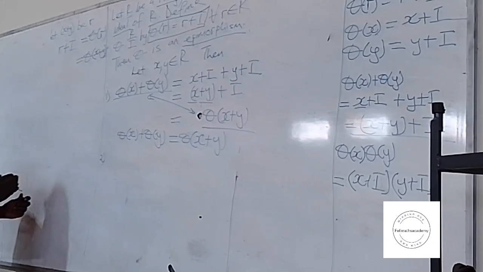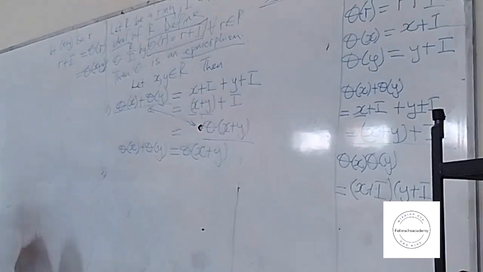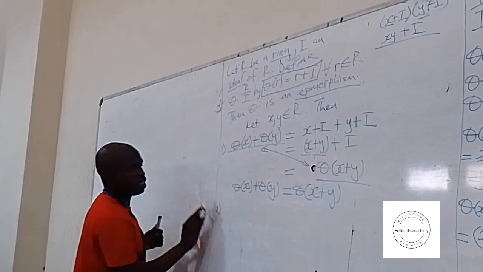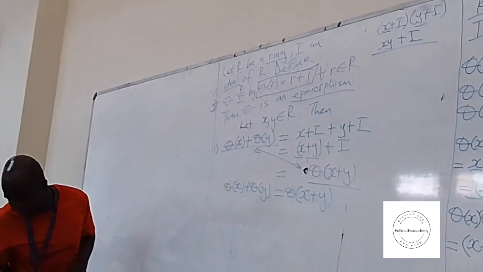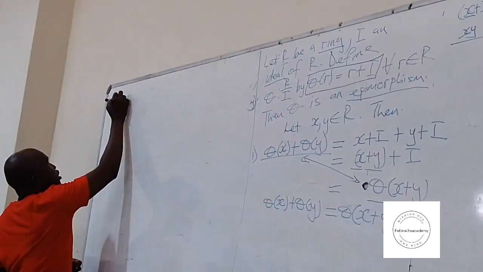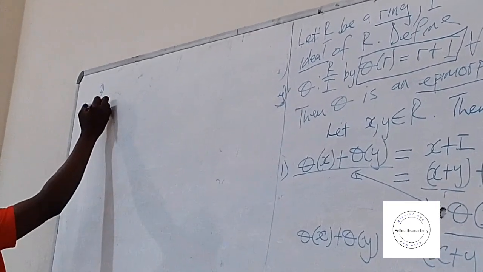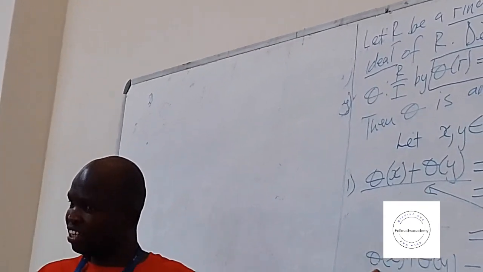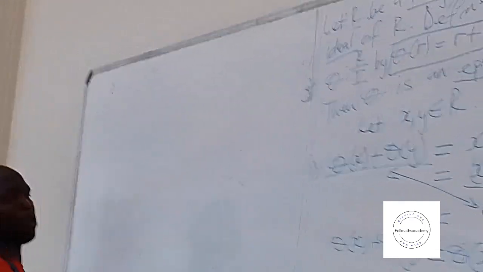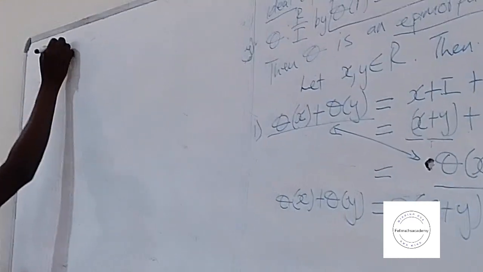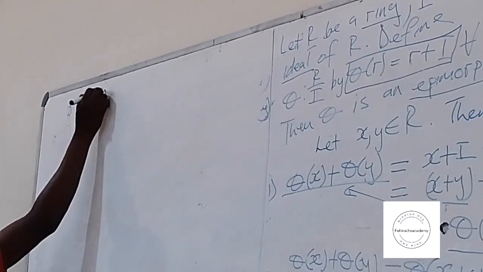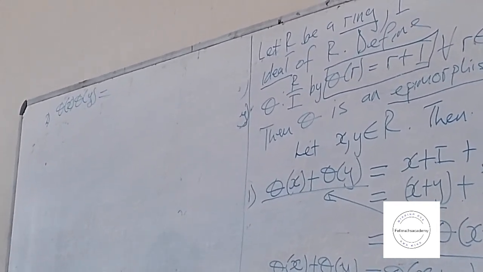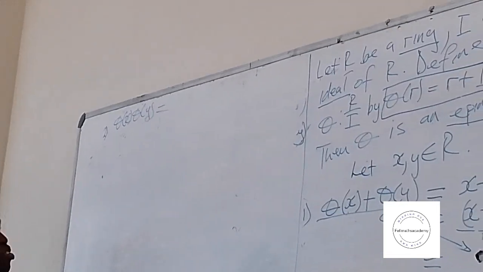Item 2, we test under multiplication. Same. Statement 2, we tested with addition. Now we test with multiplication. Theta x theta y is equal to what?